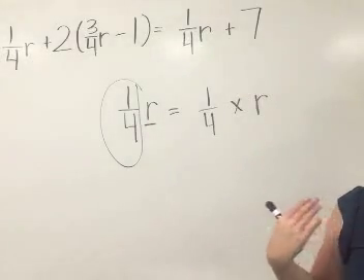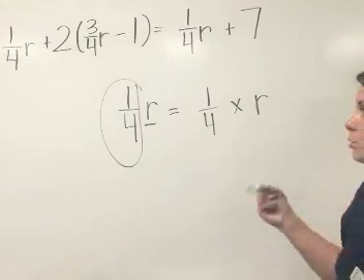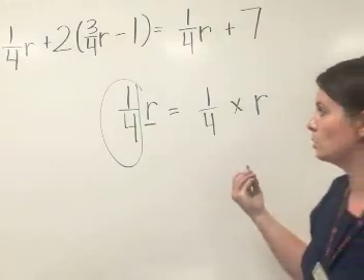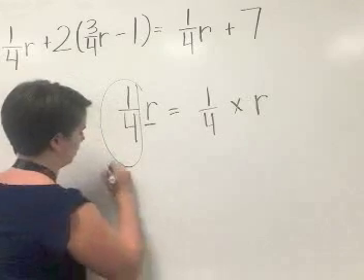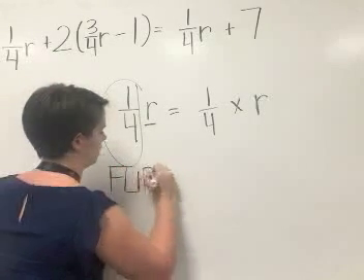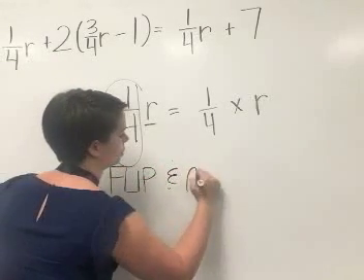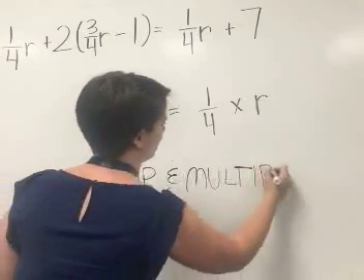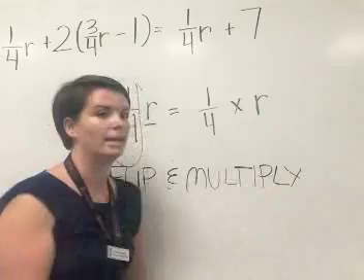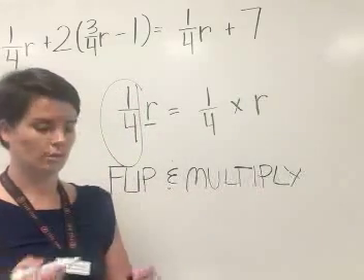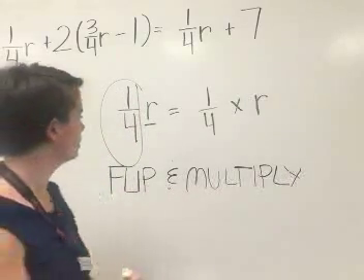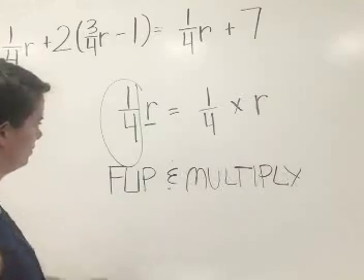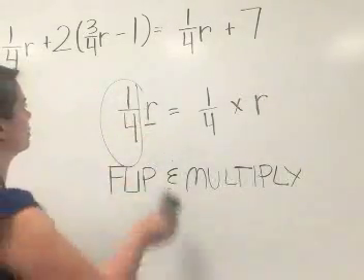But you're going to multiply by what? The reciprocal, because you flip and multiply. So we don't forget that we flip and multiply, because we multiply both sides by the inverse fraction, okay? So let's go ahead and solve this equation together.